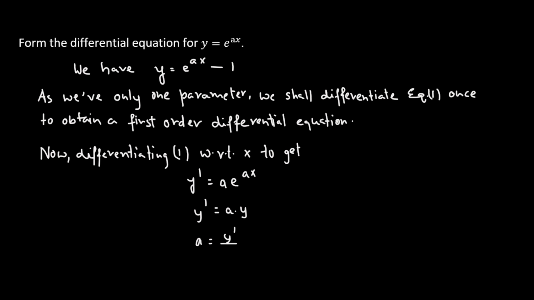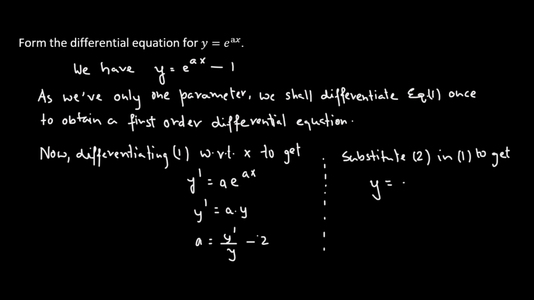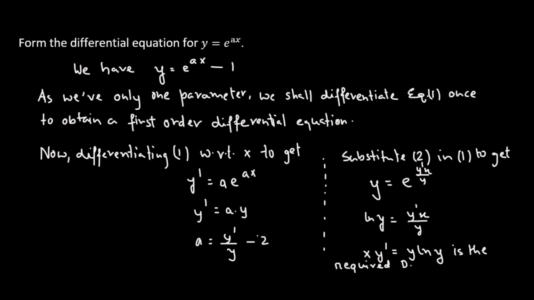Solving for a, we have y prime over y, and let this be equation number 2. Substitute 2 in 1 to get y equals e raised to the power of y prime times x divided by y. Taking the natural log on both sides, we have natural log of y equals y prime times x divided by y, or x times y prime equals y natural log of y, and this is the required differential equation.